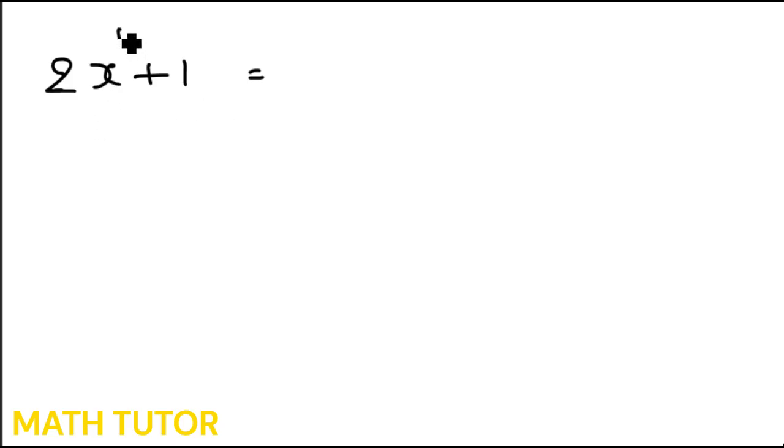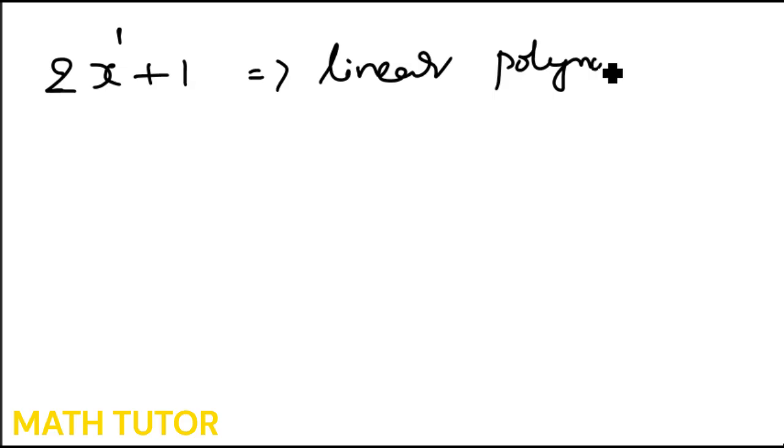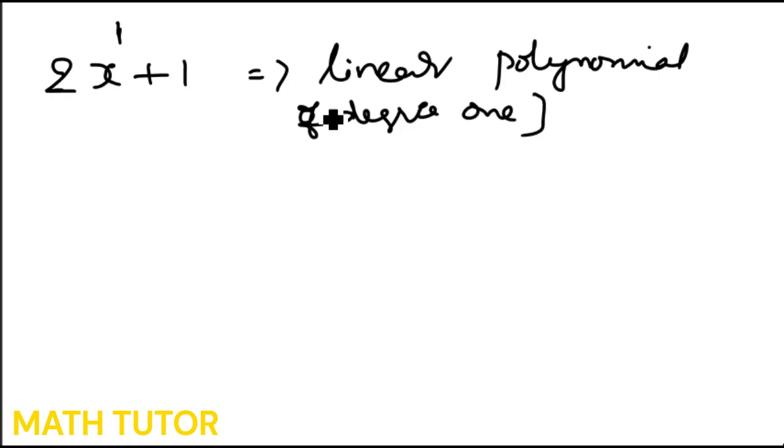If nothing is written, the power is 1, right? This is nothing but a linear polynomial, because it has only 1 as the power. A polynomial of degree 1 is called a linear polynomial.